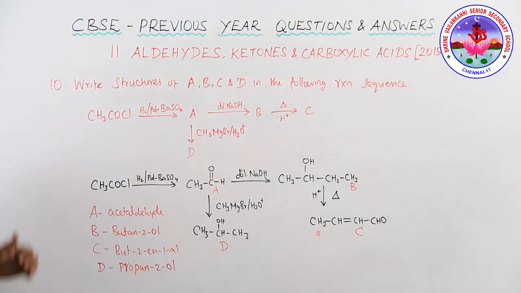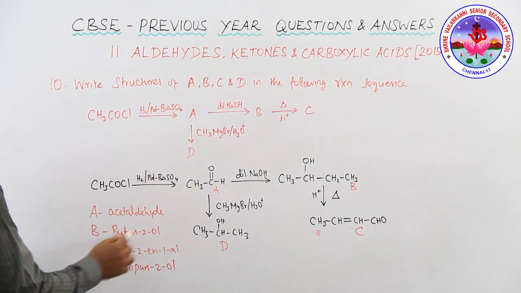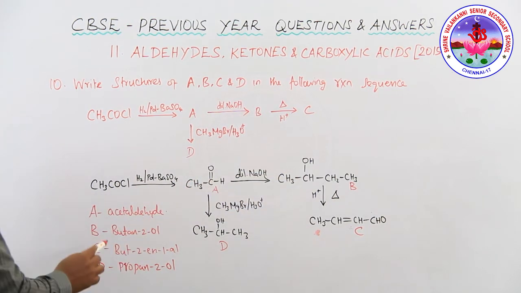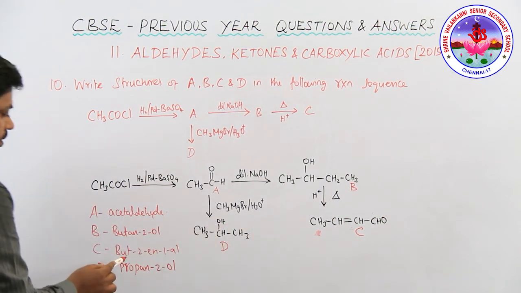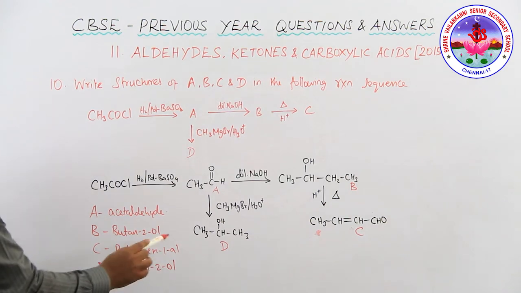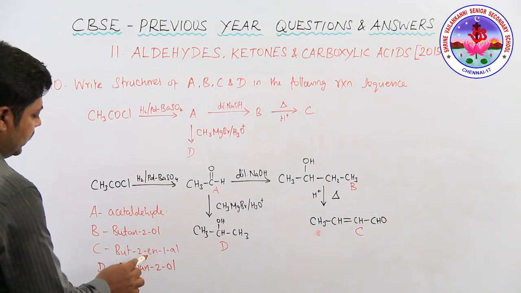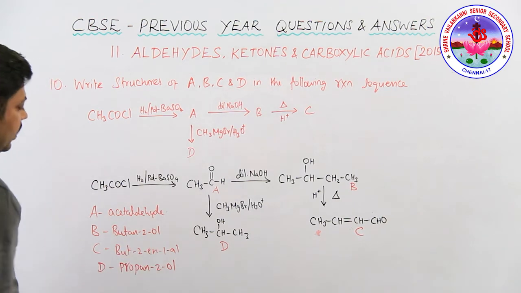So the answer is, you have to write A is acetaldehyde, B is butan-2-ol, C is but-2-en-1-al, and D is propan-2-ol. A is an aldehyde, B is an alcohol, C is an aldehyde, and D is an alcohol.